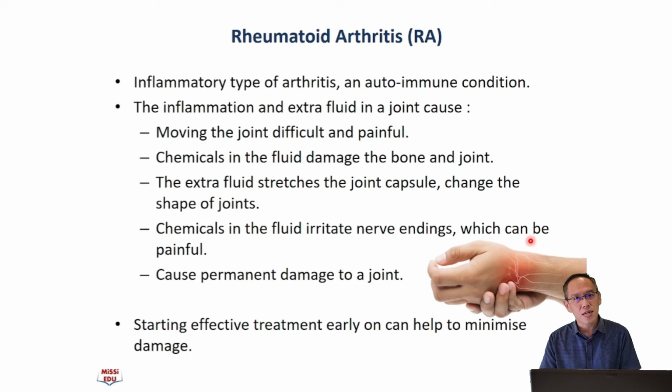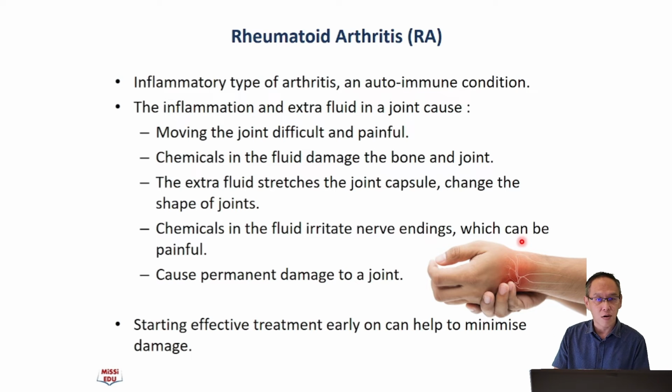The other commonest arthritis is rheumatoid arthritis. We have commonly heard about RA. It's an inflammatory type of arthritis, and it's autoimmune in nature. It means the antibodies can't recognize our own joint cells and attack them as abnormal cells or pathogens.